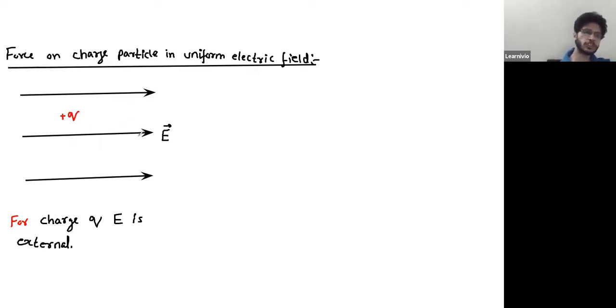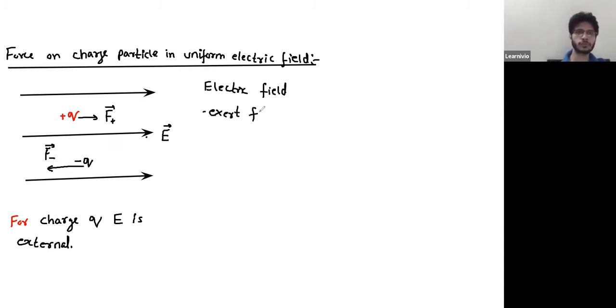So if you place a charge Q in an external field, this field will exert force over charge Q. If the charge is positive, then the field will exert force over the charge in the direction of the field. If the charge is negative, the force is in the direction opposite to that. So whenever you place a charge in an electric field, the electric field will exert force on that charge.